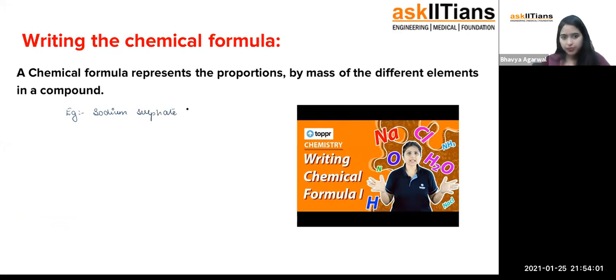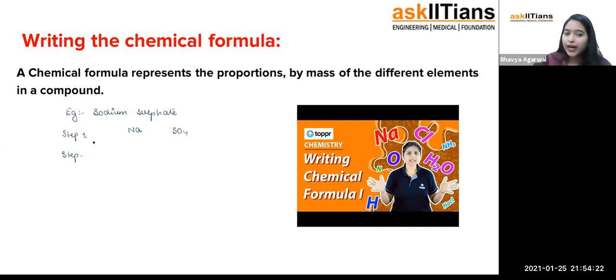Now we know the step 1 is to write the symbols. So Na and SO4. Now this time I won't write the charge. We're just going to write the symbols, right? So that is step 1.